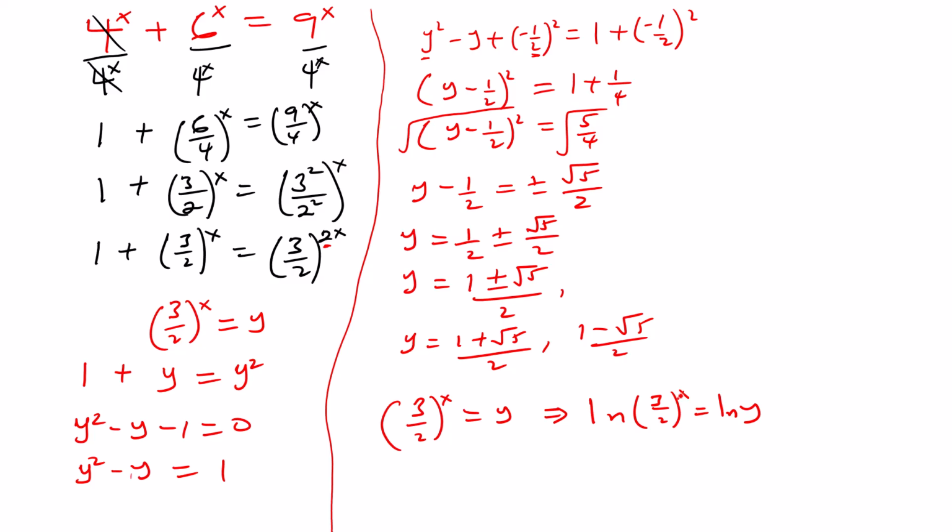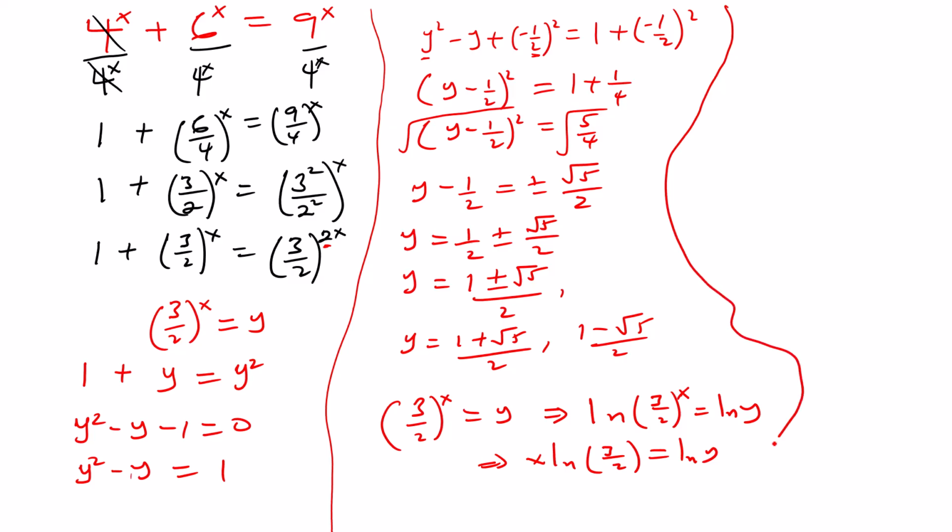This one is the power rule, the same as x natural log of 3 on 2 equals natural log of y. Now be very careful. You can't take the log of a negative number. So of the two answers, this one is out. It means y should be greater than 0.